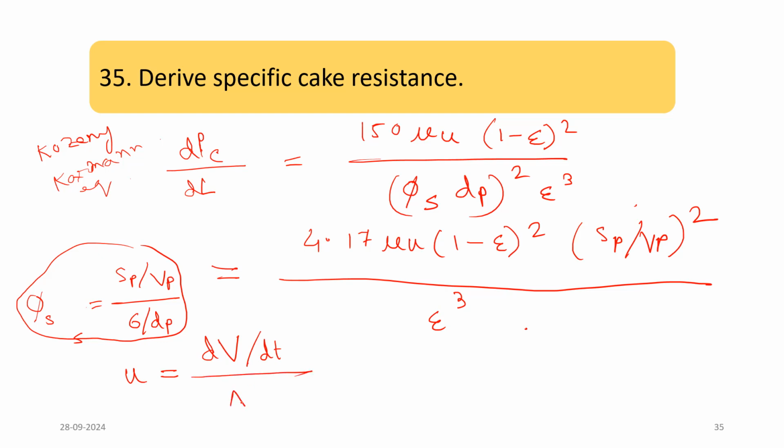Now, if we multiply this volume with density, it will lead to the mass, so it will be A dL (1 minus epsilon) rho, this is the mass.